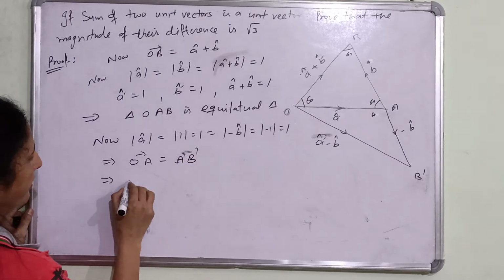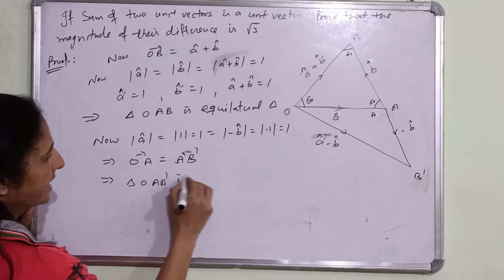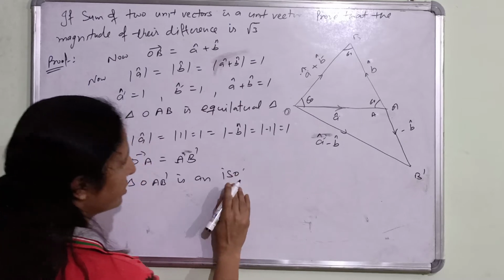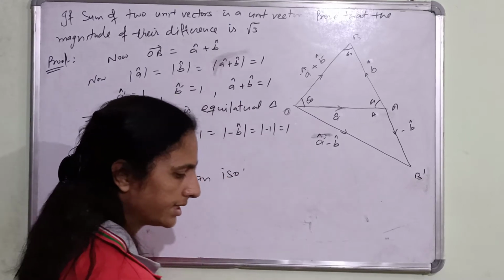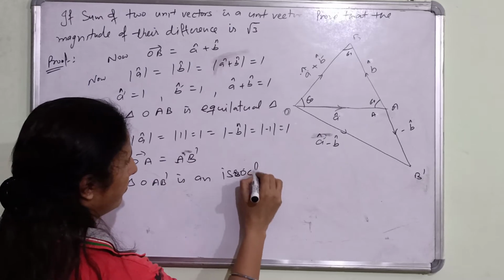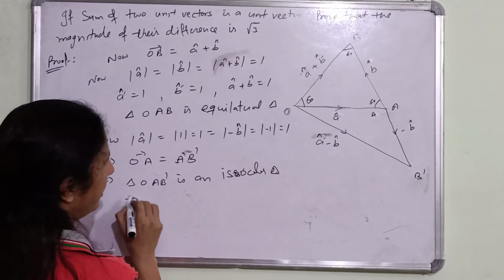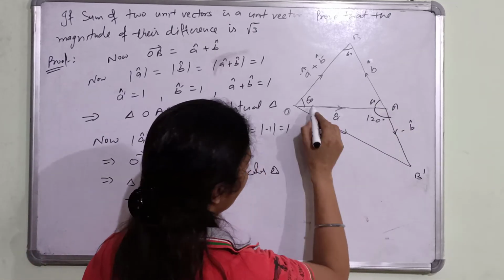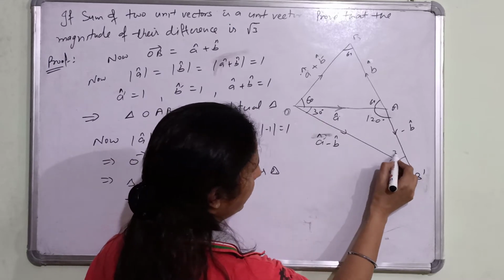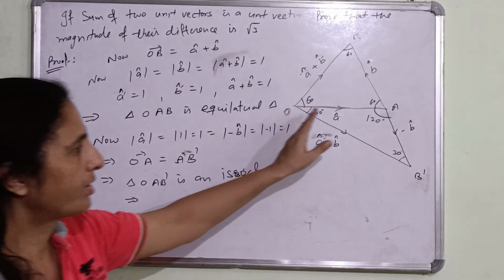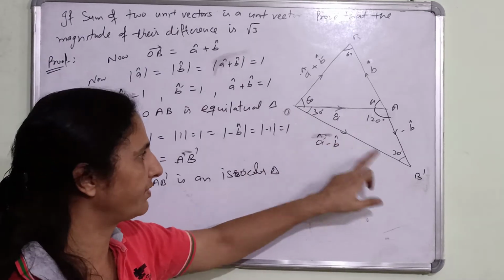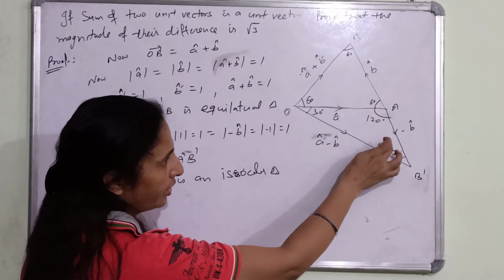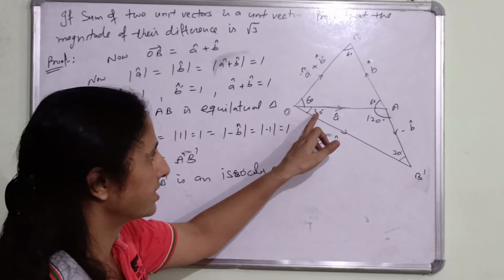So triangle OAB dash is an isosceles triangle. So if this is a 120-degree angle, obviously this would be 30 and this would be 30, because the sum is 180, and if this is 120, the sum of these two is 60. Because this is an isosceles triangle, opposite angles are equal, so this is 30 and this is 30.